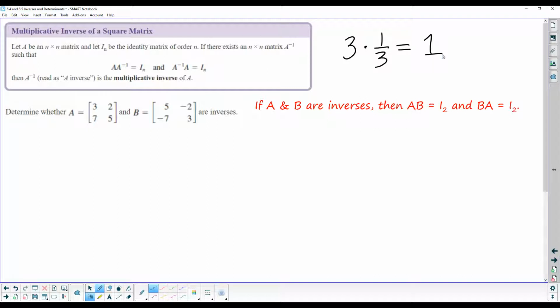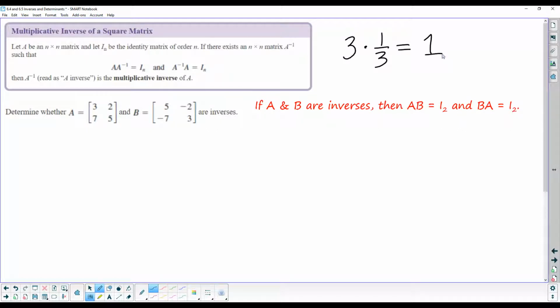So 1/3 is the multiplicative inverse of 3. Our topic is to find the inverse of a matrix. So we want to be able to figure out what do I times this by to get an identity matrix. So we're going to do a couple things first just to get used to the idea, and then we'll practice finding an inverse.